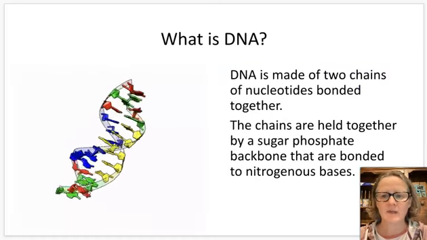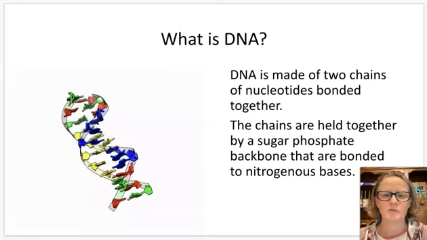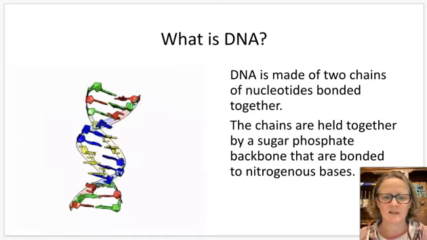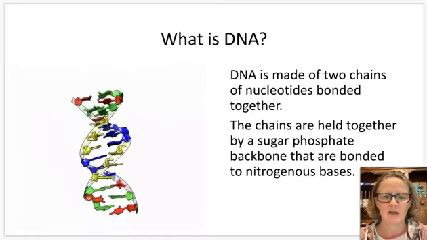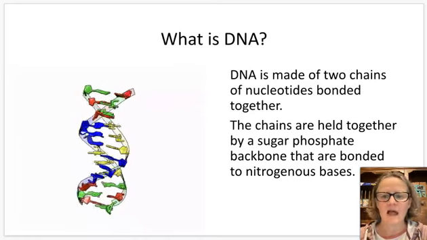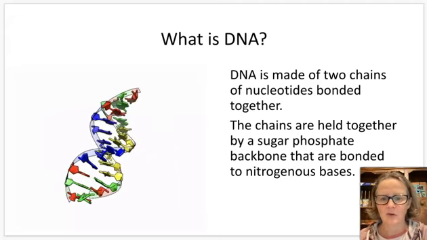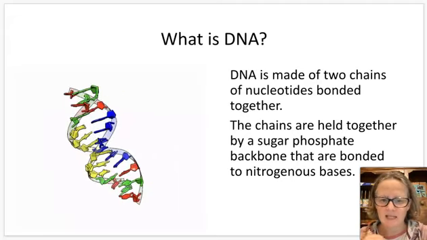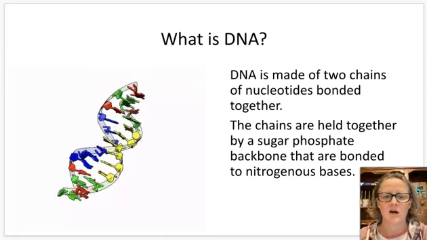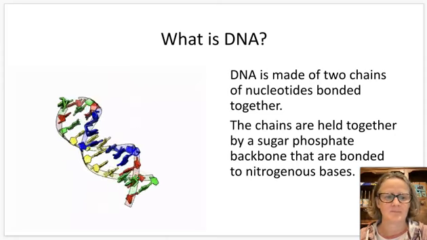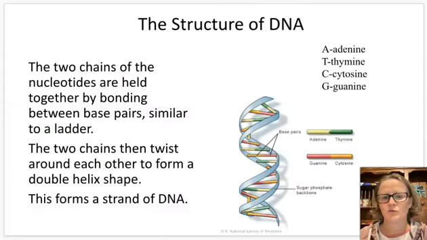So DNA is made of two chains of nucleotides which are bonded together. You can see that in this spinning image. Nucleotides are different colours, and the chains themselves form a sugar phosphate backbone, and sticking out from that into the middle are the bases. So you've got two chains of these nucleotides held together or bonded, where each nucleotide has a specific pair.